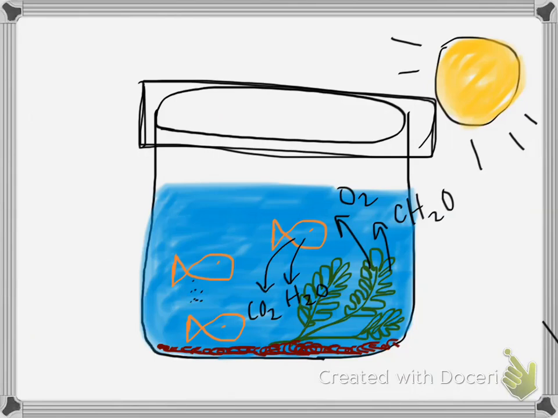Lettuce, spinach. Okay, so the fish eats the plant getting carbohydrate, and the fish, using its gills, gets the oxygen out of the water. Then the fish does cellular respiration, giving off CO2 and water. And then the plant needs the CO2 and the water.